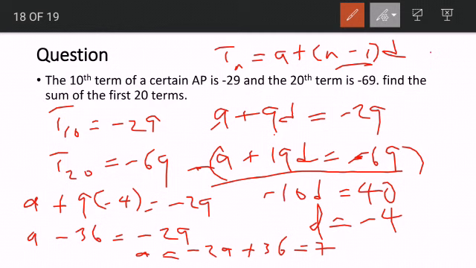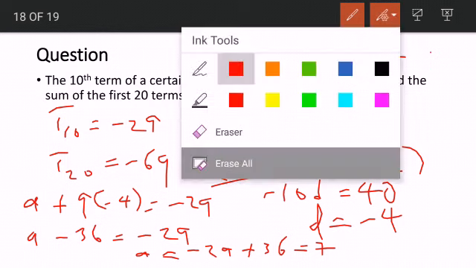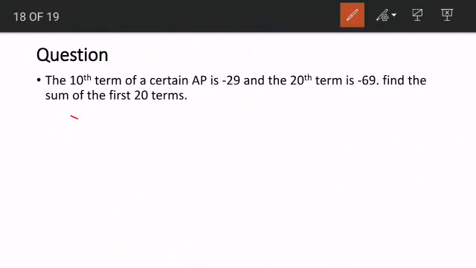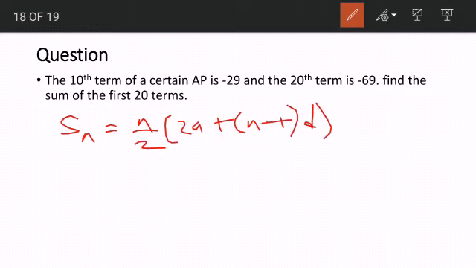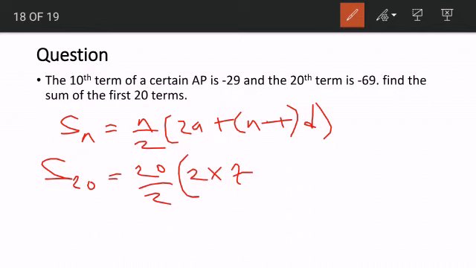the sum of the first 20 terms. Let's erase this. Now, remember Sn is n over 2 into 2a plus n minus 1 d, okay? So since we are asked to find the sum of the first 20 terms, it's going to give us 20 over 2 into 2 times a. Remember, my first term is 7.